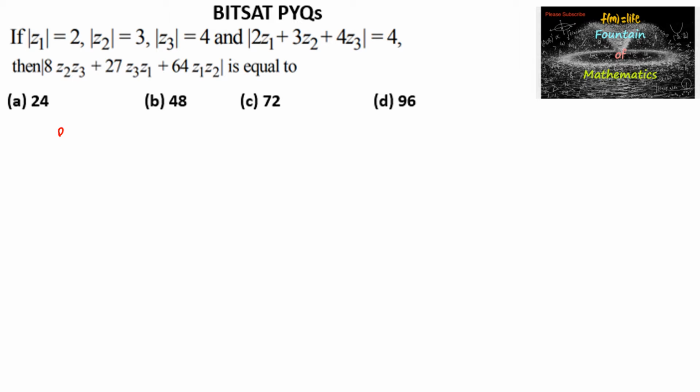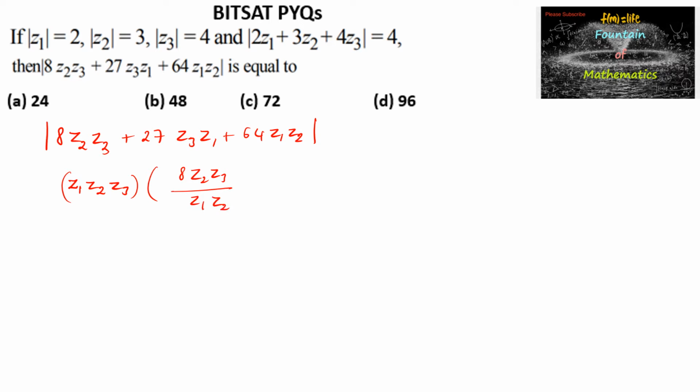Let's consider mod of 8 times z2 z3 plus 27 times z3 z1 plus 64 times z1 z2, and here let us multiply and divide with z1 z2 z3, and here 27 times z3 z1 divided by mod of z1 z2 z3, and again here 64 times z1 z2 divided by z1 z2 z3 in the mod.